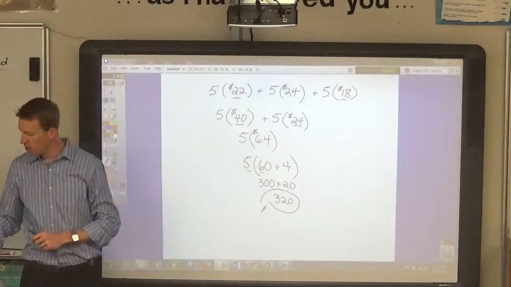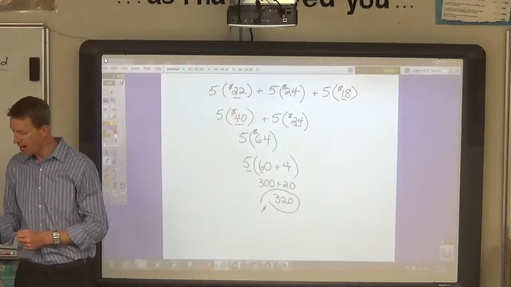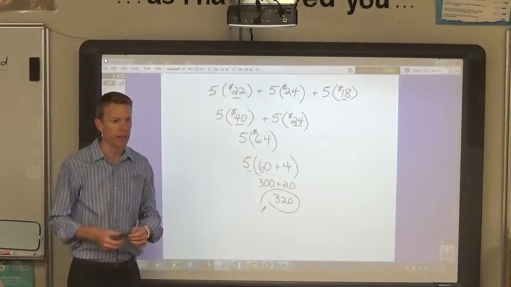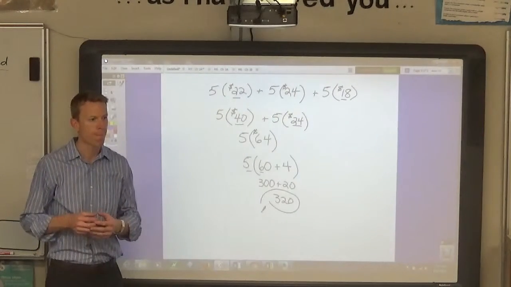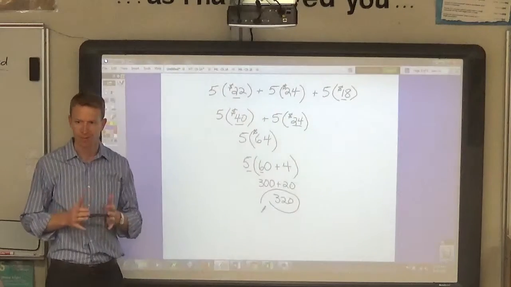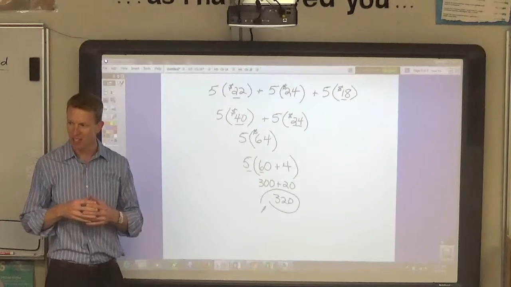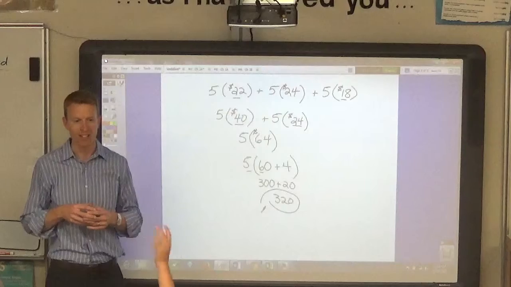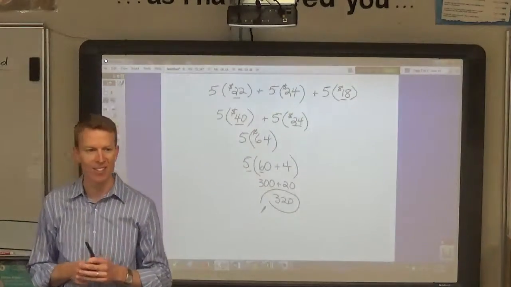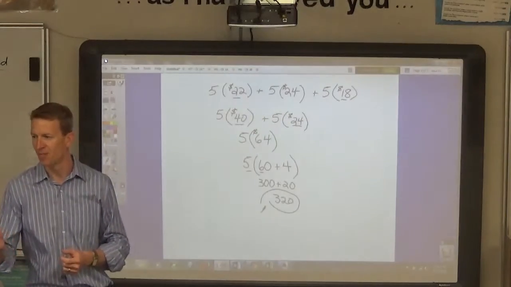How about number 19? Which shows how Raul can find the value of 7 times 5 times 20 mentally by using the associative property? Only 2 people have this answer? 3, 4, 5, 6, 7, 8. There we go. Grace, what did you have?